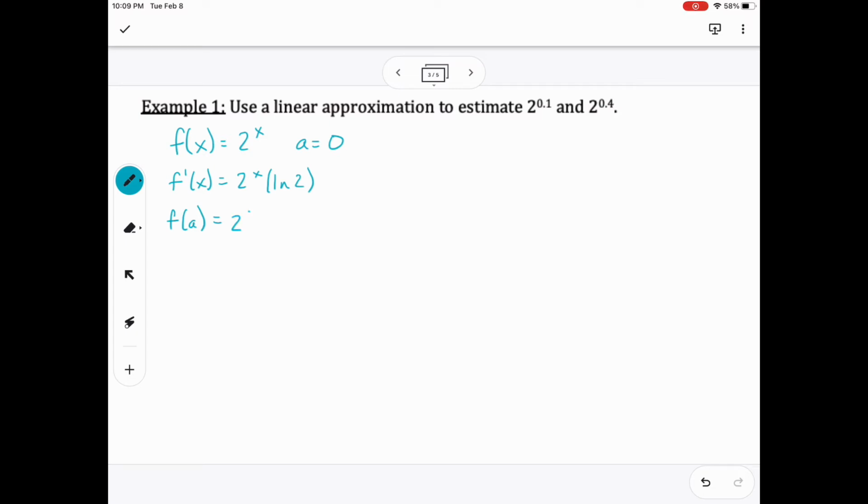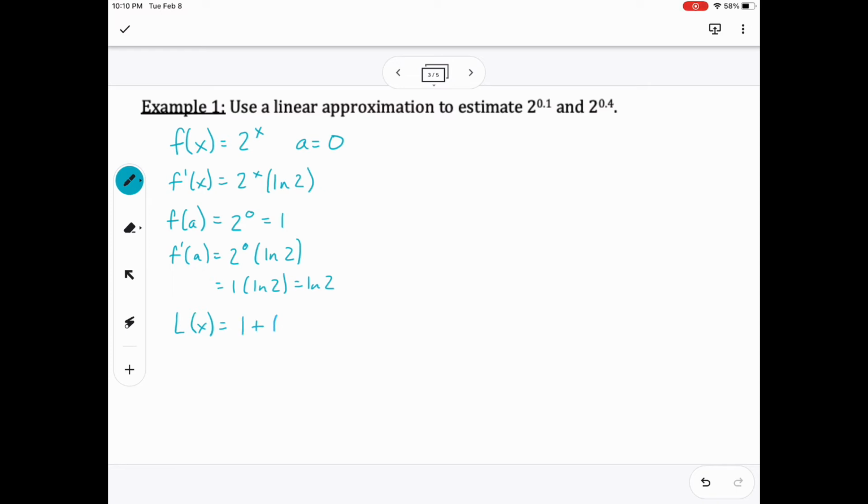So I first want to take my function and find the derivative. Remember that the derivative of a number to a variable exponent is that same thing times the ln of the number base. So I get 2 to the x times ln of 2. Then f of a is 2 to the 0, which is equal to 1. Plugging our a, which is 0, into the derivative gives ln of 2.